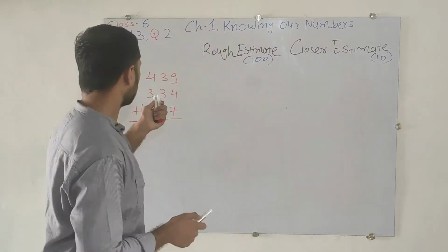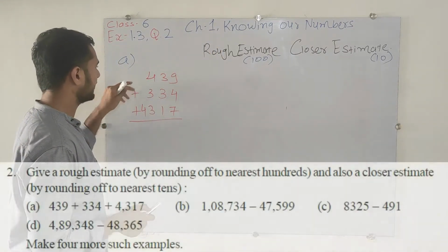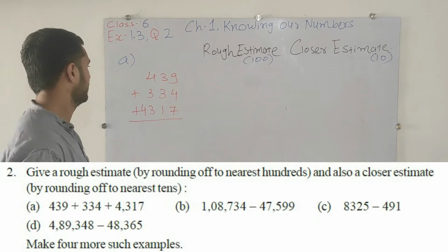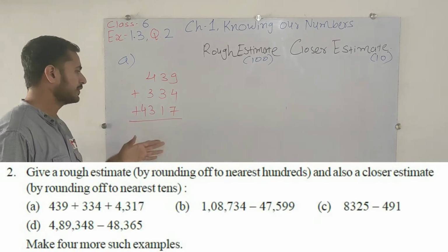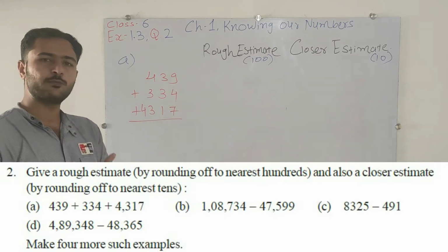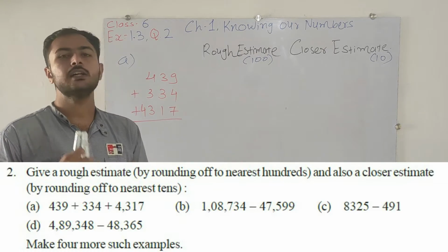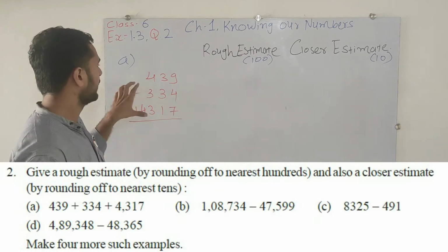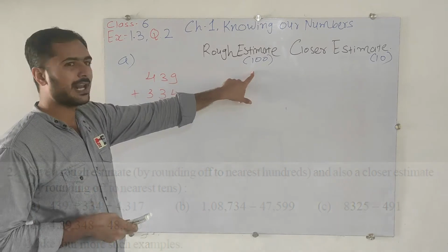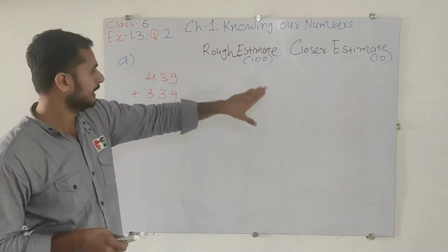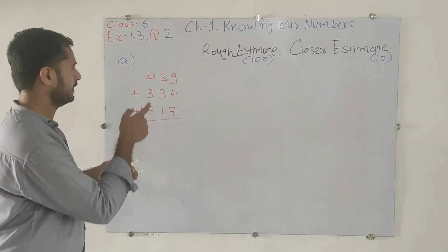Fine, so let's start. First of all, the question is 439 plus 334 plus 4370. The first step will be the rounding off. How will we do it? We start with 439, and we identify which place we have to round to. That is 100.